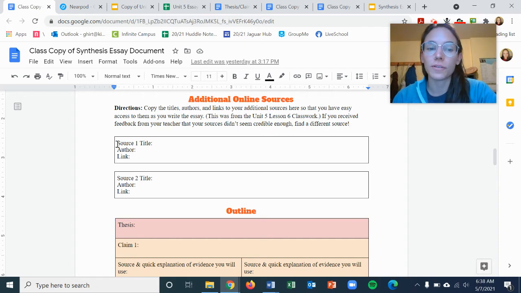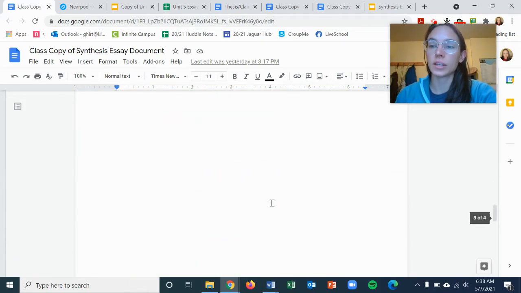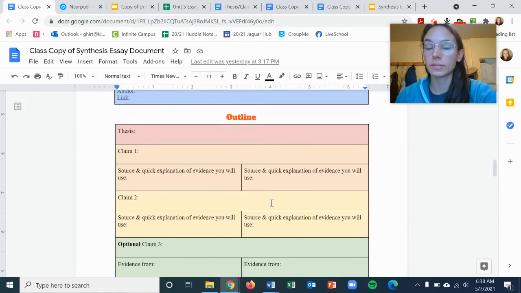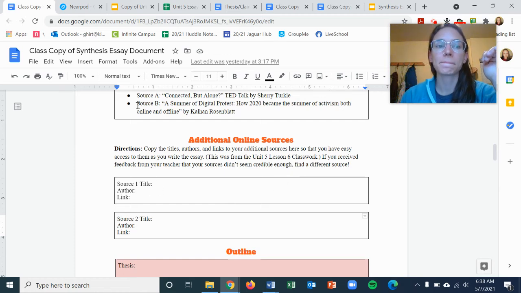But as long as you have those 2 online sources, go ahead and link them in here. Do that right now so that you have them easily accessible as you write the essay, right? This is the document you're going to write your whole essay in. So you want to just have these links to these sources available right here in this document. So go ahead and do that.